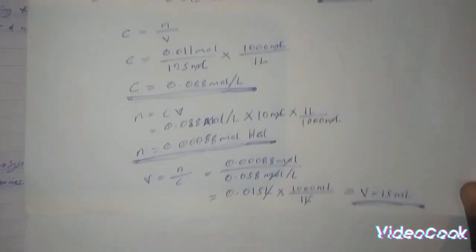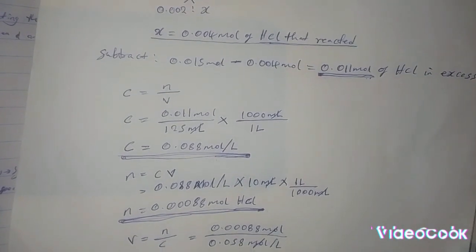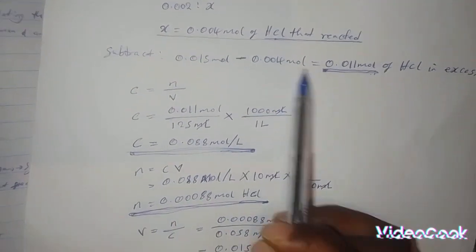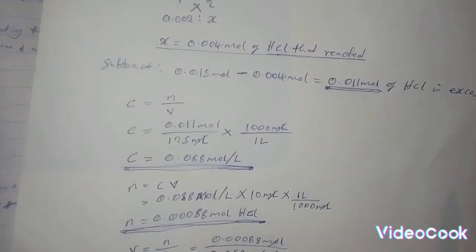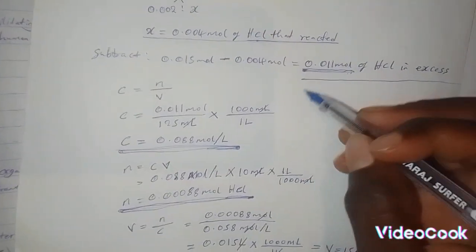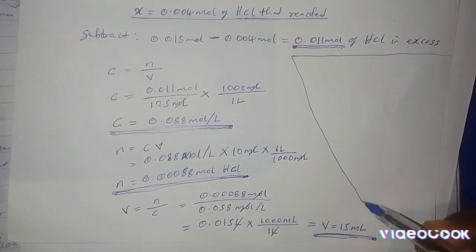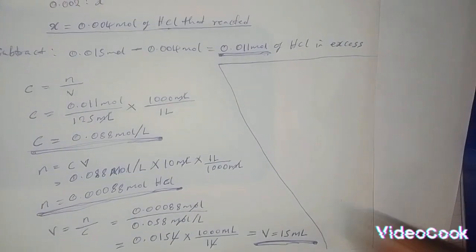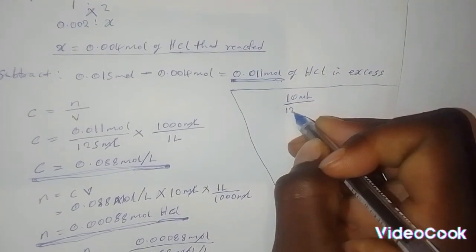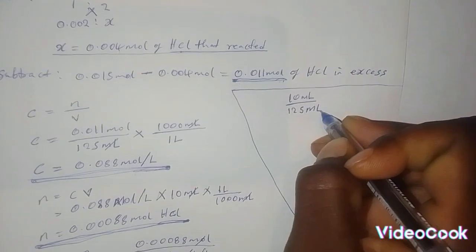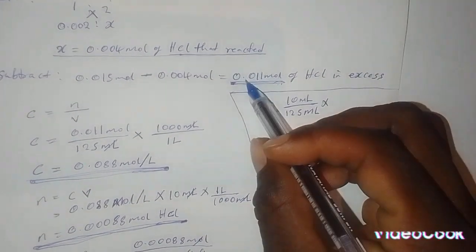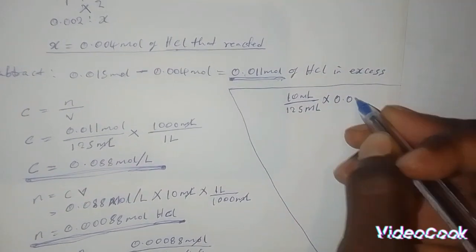Now, sometimes you might not even want to waste much time. The moment you calculate the number of moles which are in excess here, you can just say, since they used 10 mils out of the 125 mils, times the number of moles which are in excess, which is 0.011.